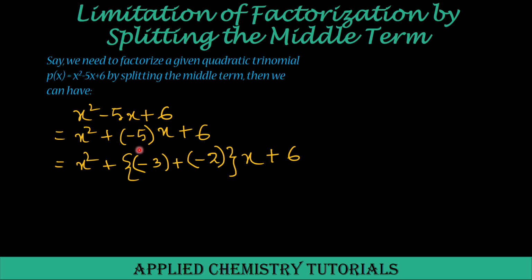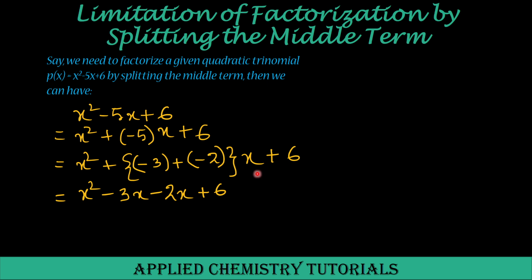Now we can split minus 5 into minus 3 and minus 2. So if we add minus 3 and minus 2, we get minus 5. And if we multiply minus 3 with minus 2, we get 6, which equals 1 multiplied by 6, or 6.